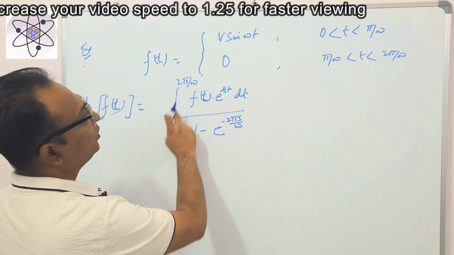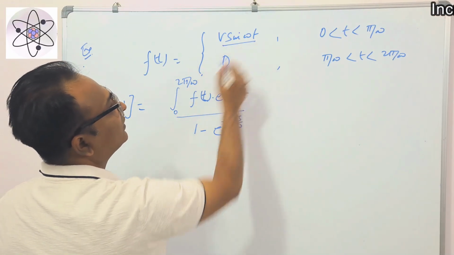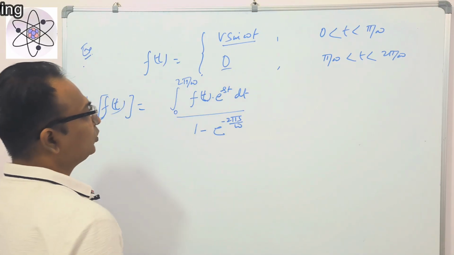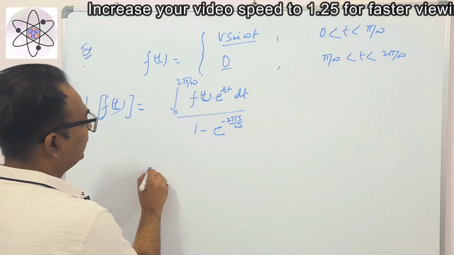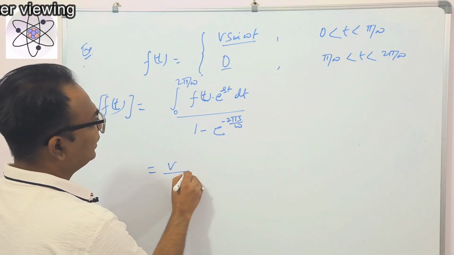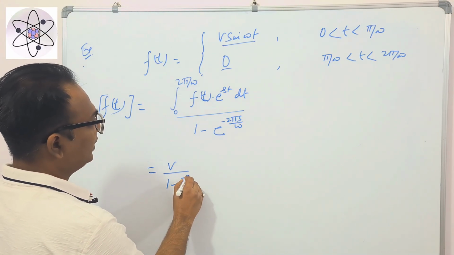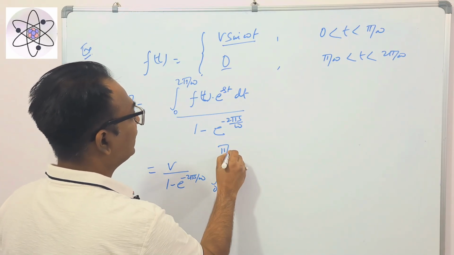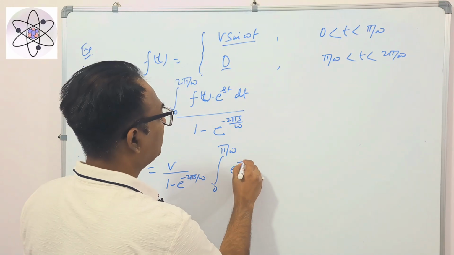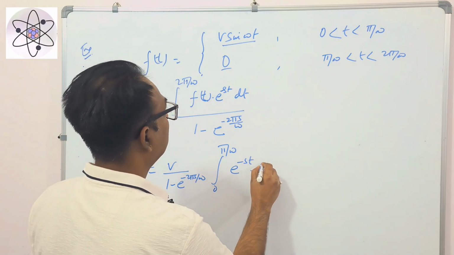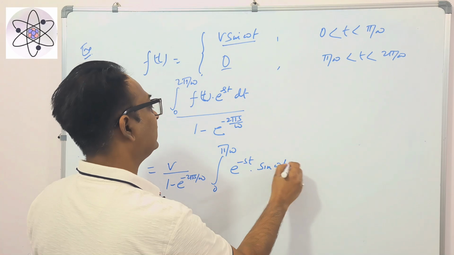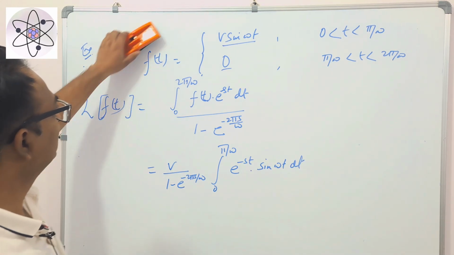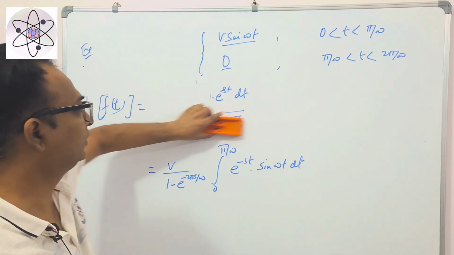Between 0 and pi by omega we will have this function, and then from pi by omega to 2 pi by omega we will have 0. So what we will get is V by 1 minus e to the power minus 2 pi s by omega, times the integral from 0 to pi by omega of e to the power minus st sine omega t dt. This is what we have got.